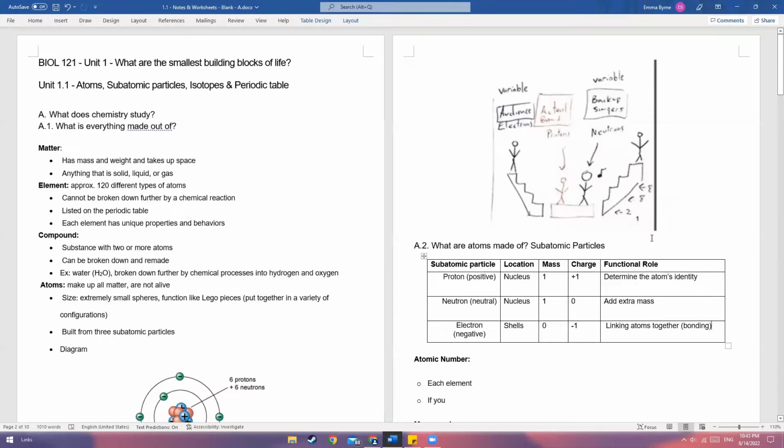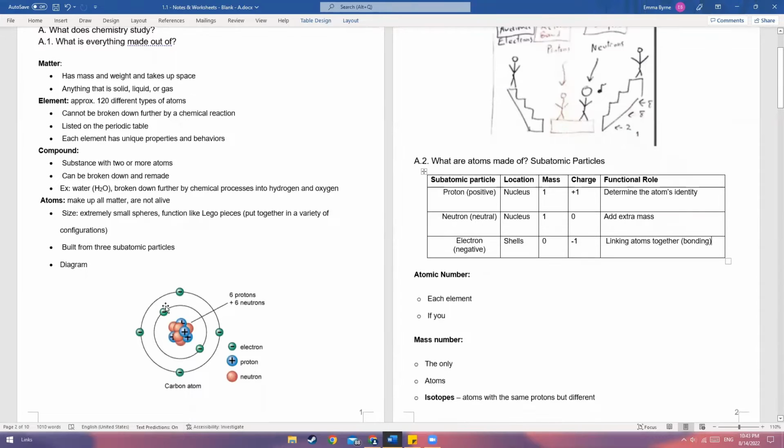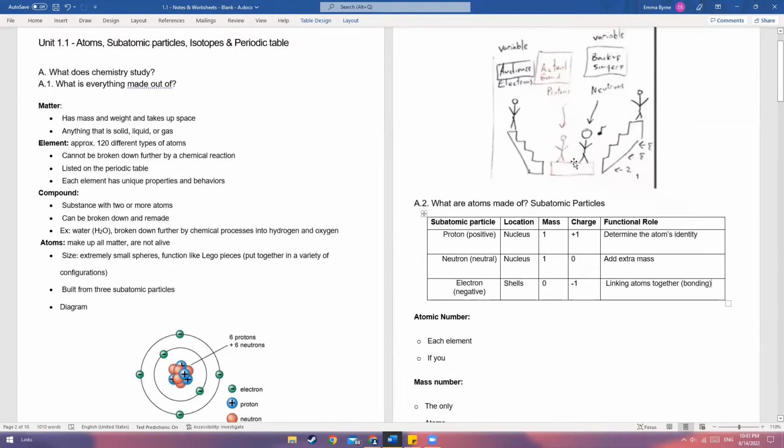All right, and another analogy for each of these subatomic particles is a concert. So let's say you'd almost take a slice of this atomic diagram and you depict it as a stage.